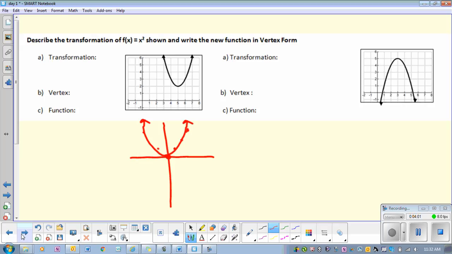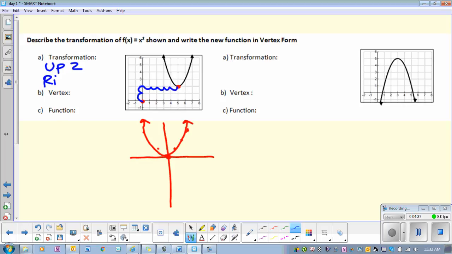So what are we doing? We're looking at this graph and talking about the transformations. How did it move? Tell me in words. Then we're going to get the vertex and write out the function. If my parent function is over here, what did it do going to that vertex? Up 2, 3, 4, 5.